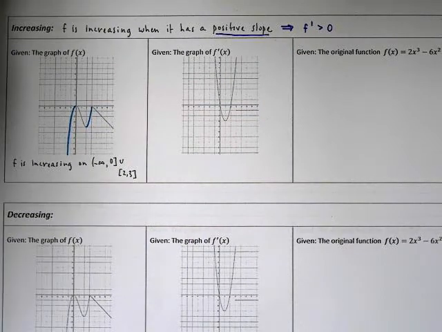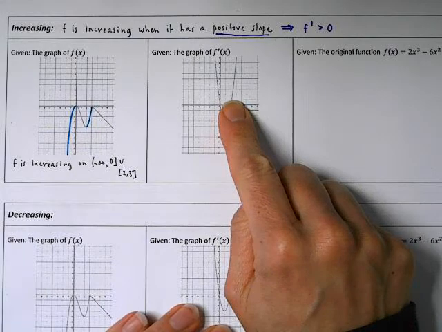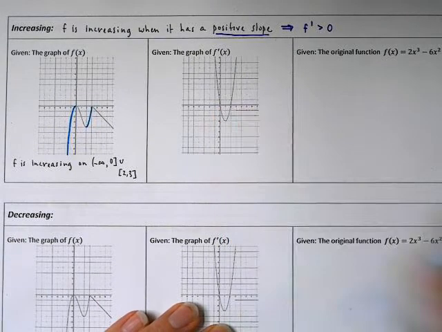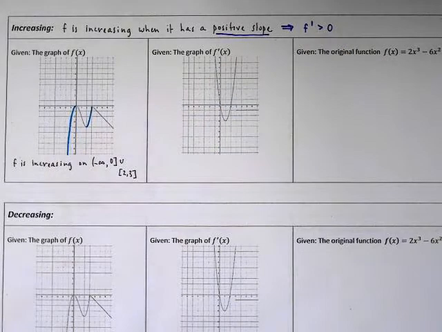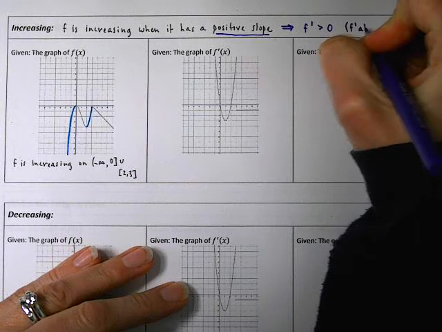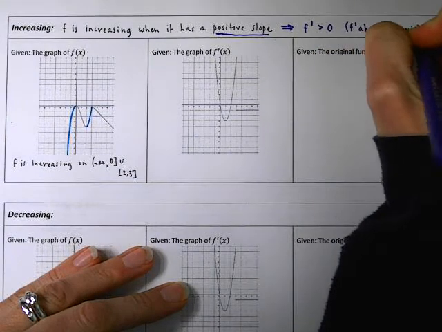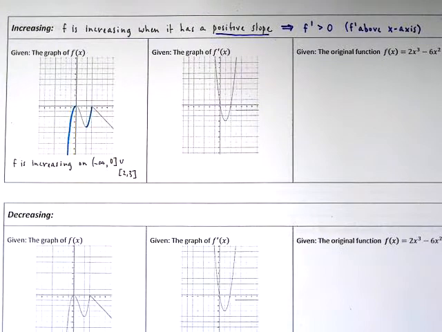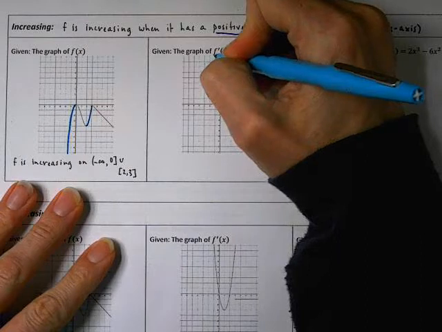So if I look now on my graph of f prime, I know that f is increasing whenever f prime is greater than 0, which is the same as saying wherever f prime is above the x-axis. And let me see if you can actually see that. Okay. So when I look at f prime, I know f prime is greater than 0.